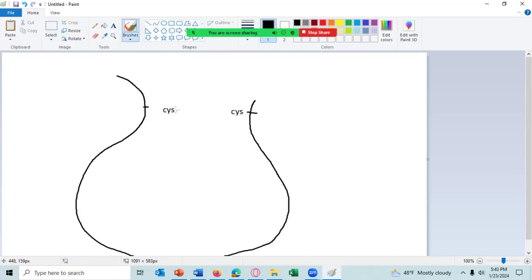Let me just put a dot there and a dot there.